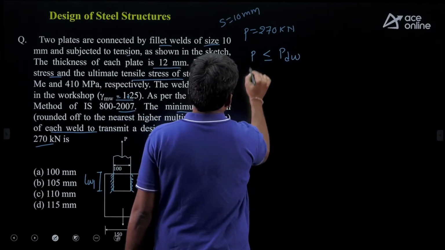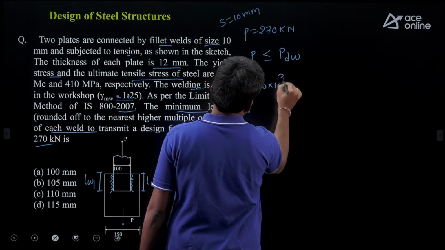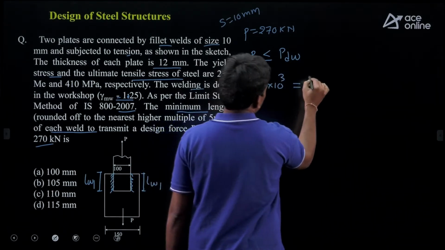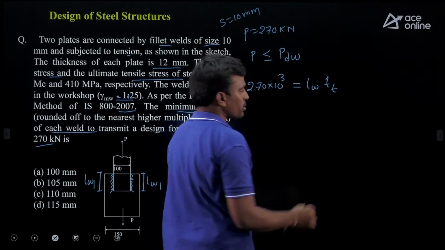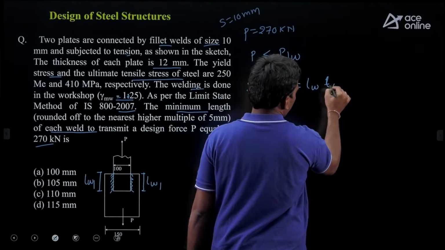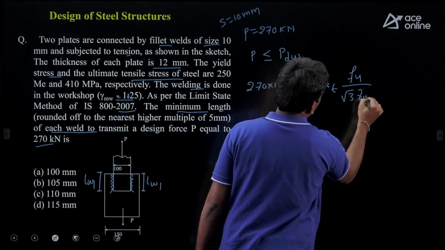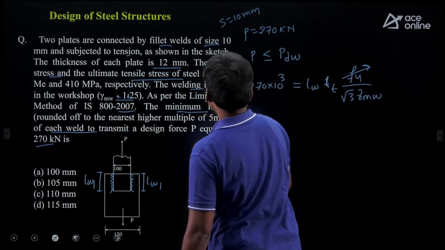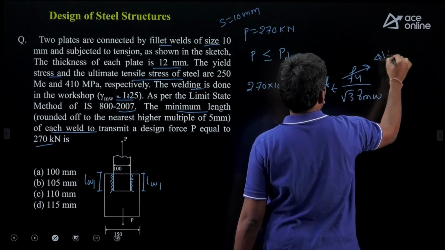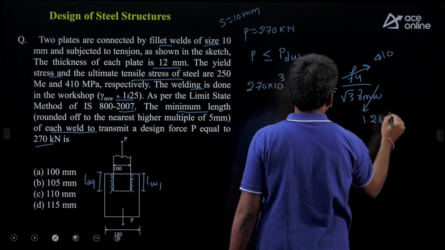Here load is 270 into 10 to the power of 3 equals design shear strength of fillet weld, which is effective length into effective throat thickness into Fu divided by √3 gamma mw. Here Fu is given 410, and the partial safety factor is 1.25.